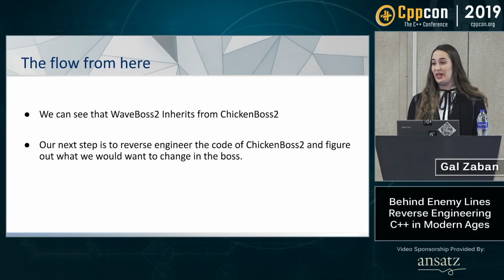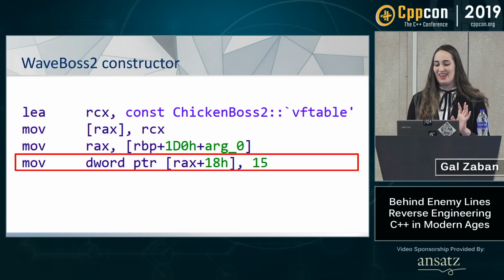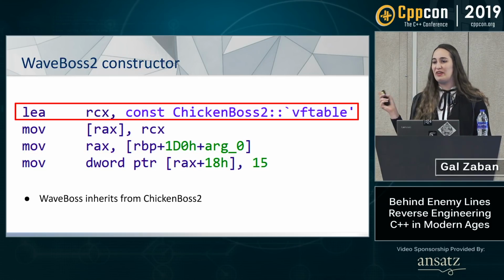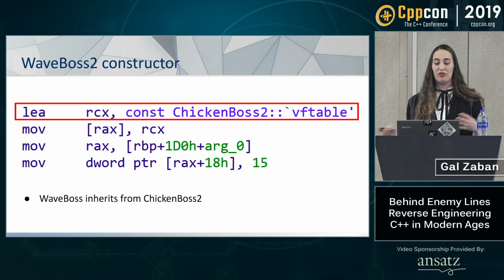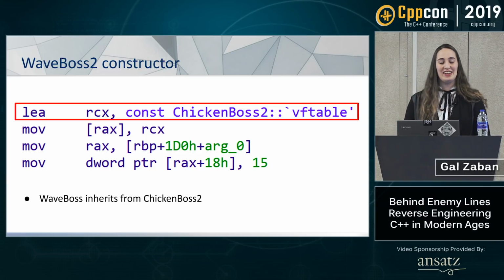From here we understand that the vtable is the vtable of chicken boss and not wave boss. The reason is that wave boss inherits from chicken boss, and wave boss doesn't implement new functions, so it can use the same virtual table.